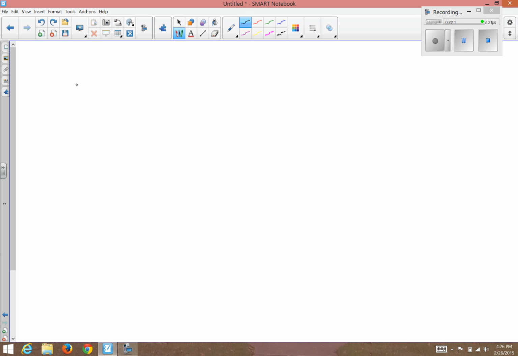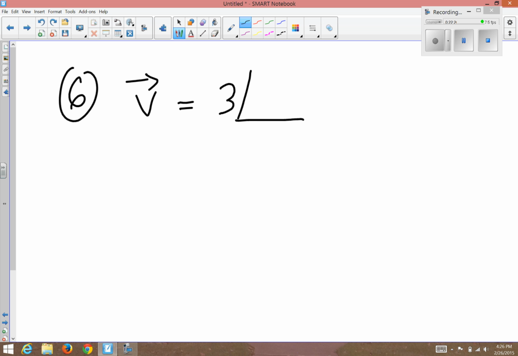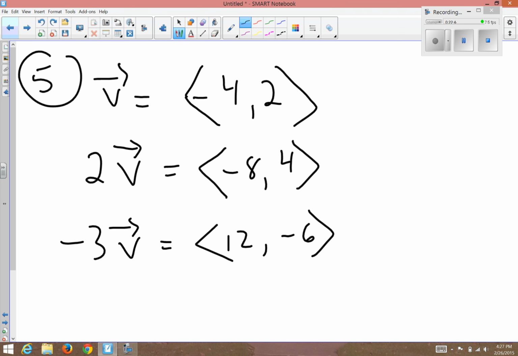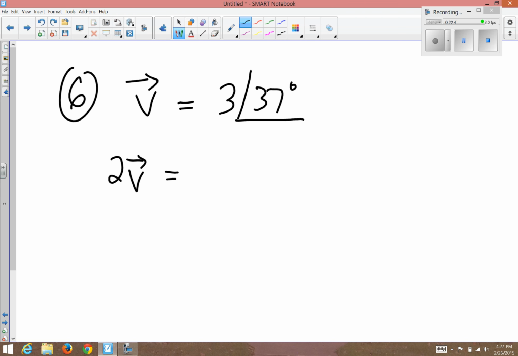Number 6. There's a vector called V, vector V, whose magnitude is 3 and whose direction is 37 degrees. And it asks for 2 times the vector, 2 times V. Well, what you'll discover when you think about what I asked you to think about here is that multiplying a vector by a constant only changes the magnitude.